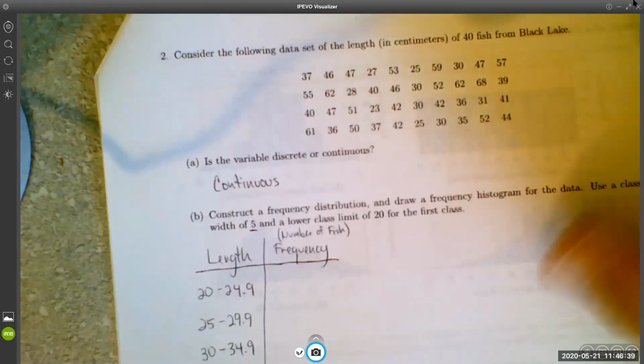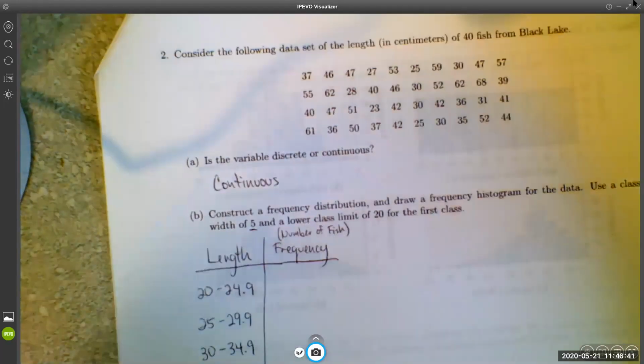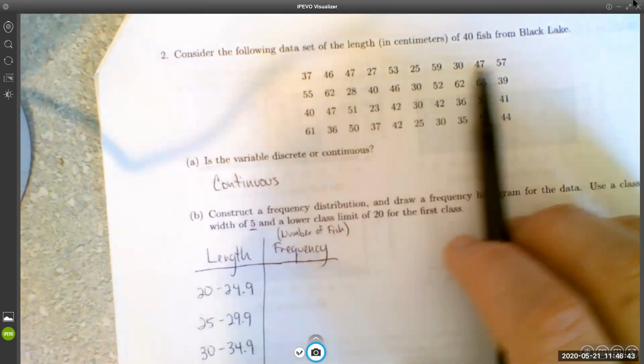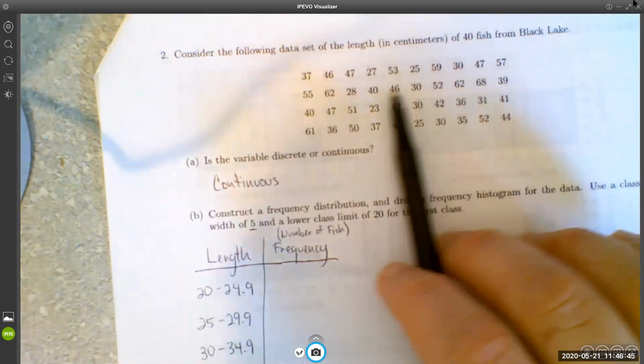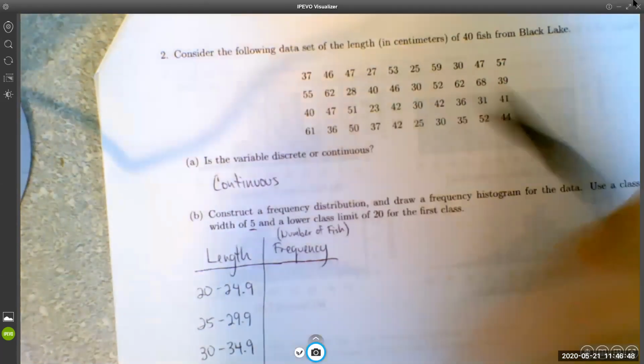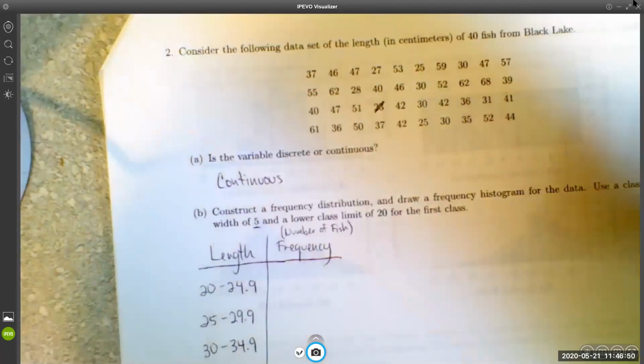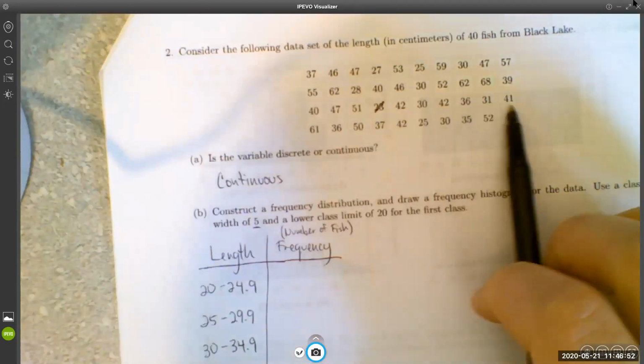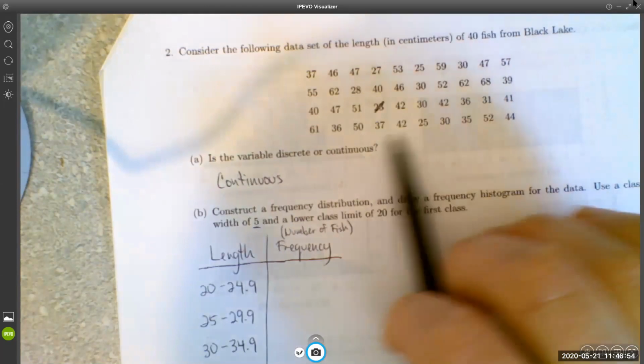And then we can go back to the data and start to count up how many fish were between 20 and 24.9 centimeters. So let's look for those. There's one. Just one.